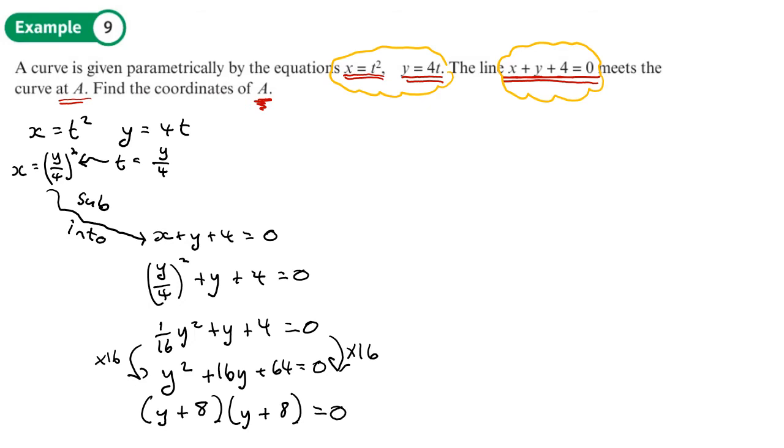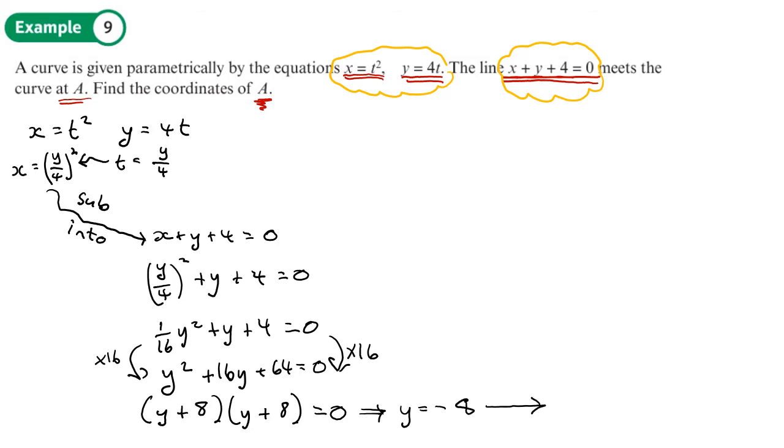So what does that tell me? That tells me where the parametric equations and the line cross each other. That is where y equals negative 8. So I want to find out what x is.